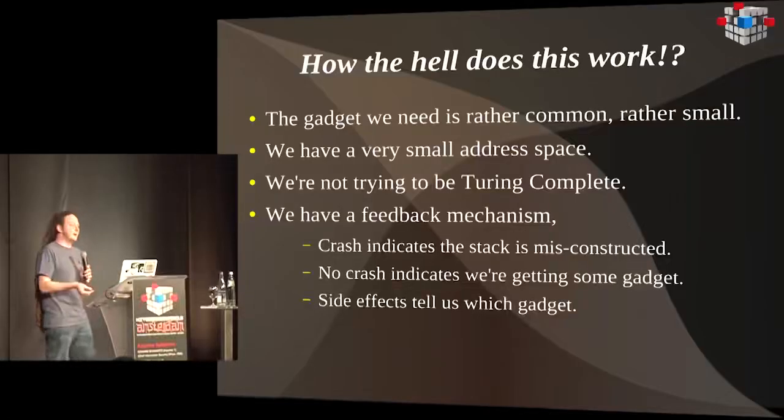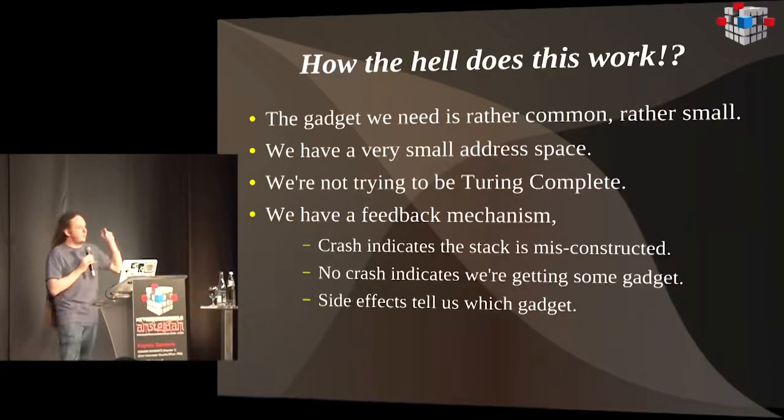It also works because we have a very small address space. With only 64K of memory and the minority of that being used for code, the program that we're searching for gadgets is very small. We also have this feedback mechanism in that we can either crash or not crash, and that leaks one bit of information out of the chip.